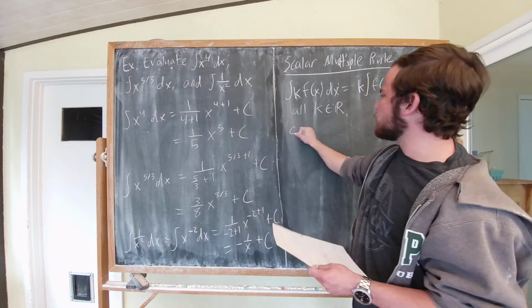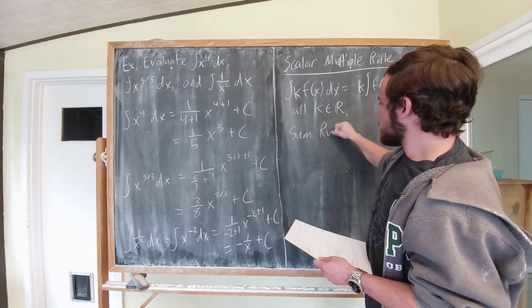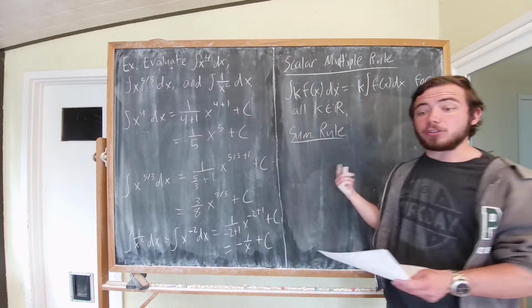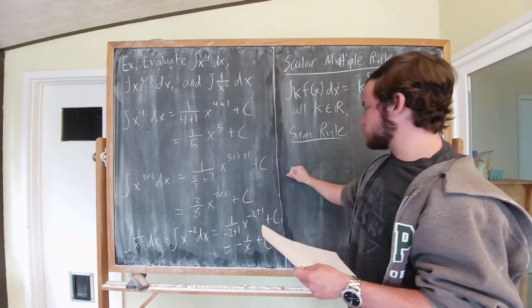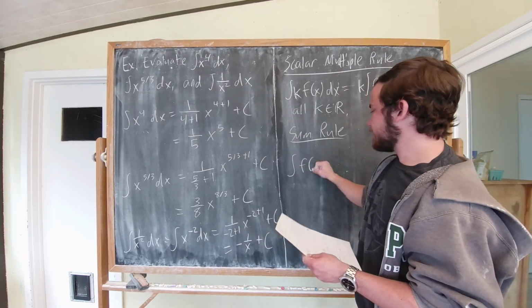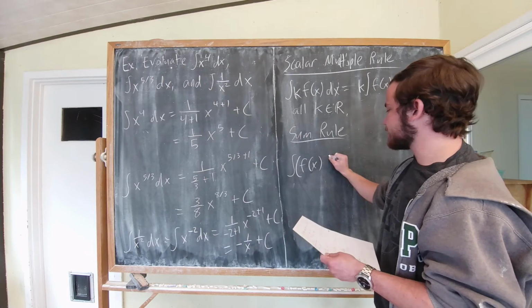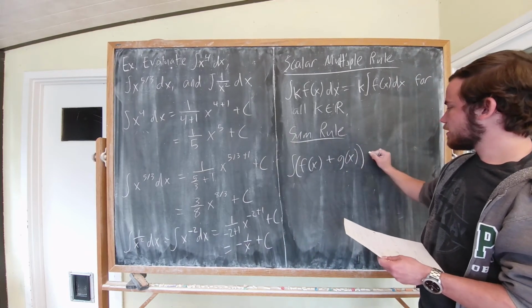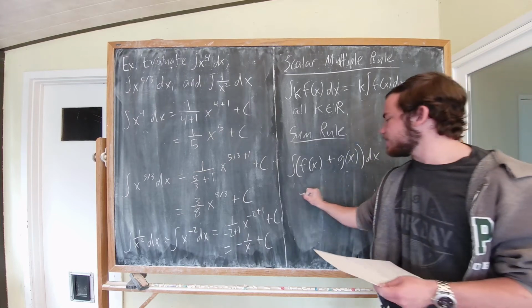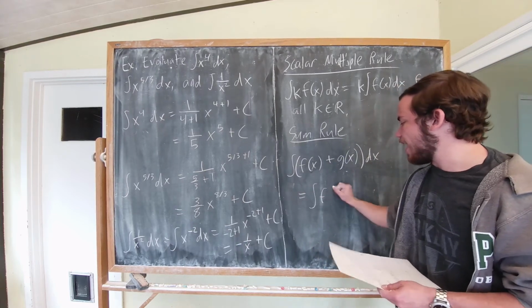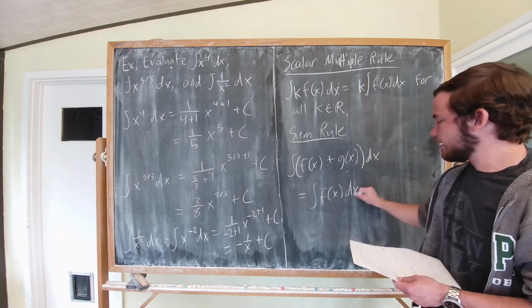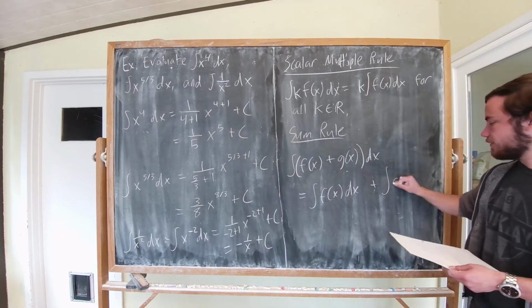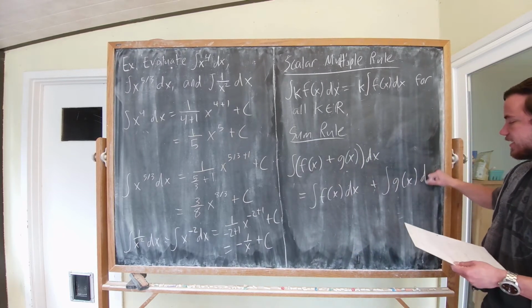Okay, and then we also have a sum rule for integrals, which says that if you have two integrable functions, the integral of f of x plus g of x dx is the integral of f of x dx plus the integral of g of x dx.